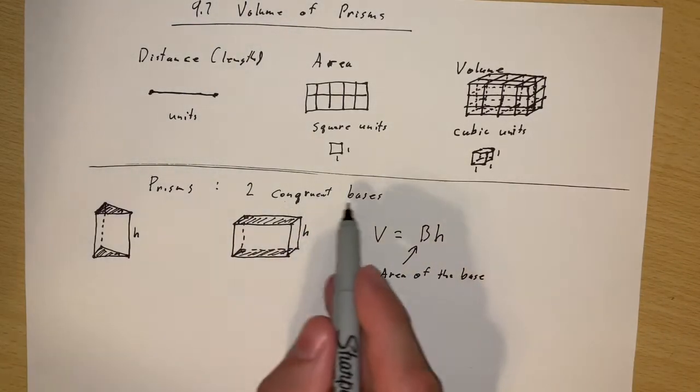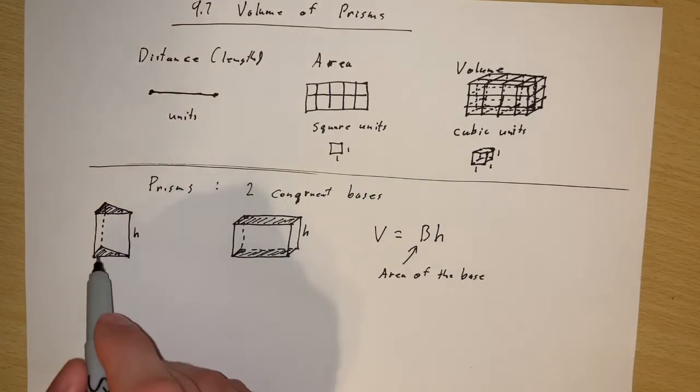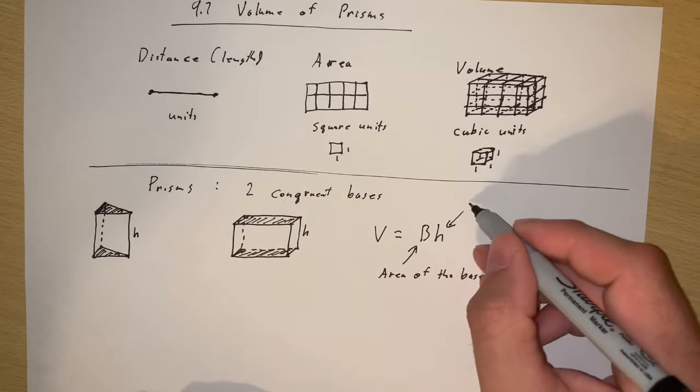So remember, a prism has two bases, a top and a bottom. You just need to find the area of one of those, and then multiply it by H, which is the height.